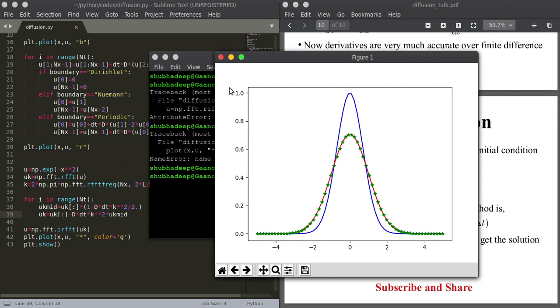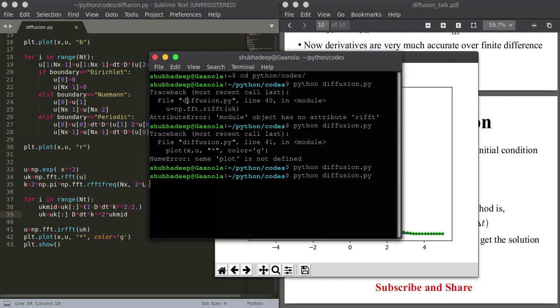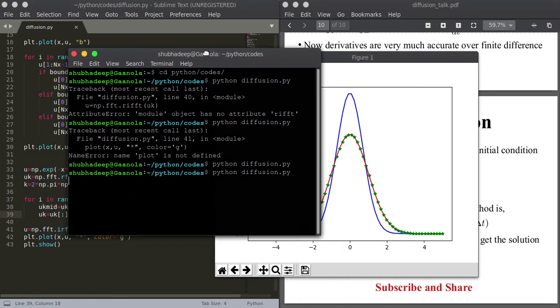You can modify this method to RK4 or any other higher order schemes for time integration. But RK2 is good enough to simulate this case.